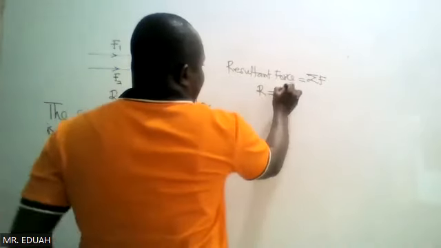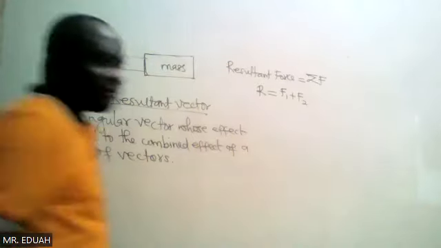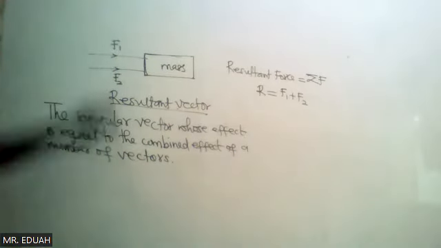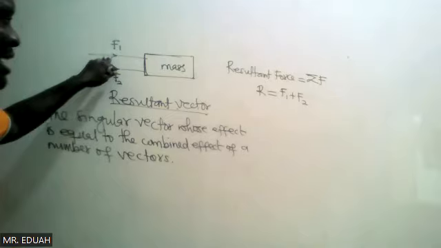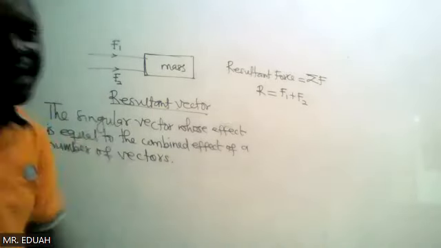So here, F1 plus F2. And when they are in the same direction, we say that they are acting in a parallel direction.